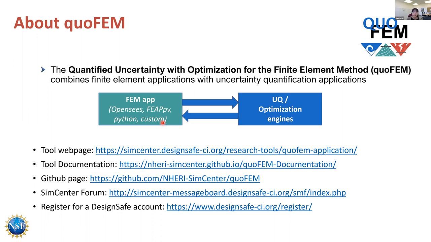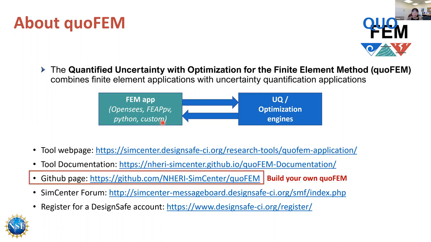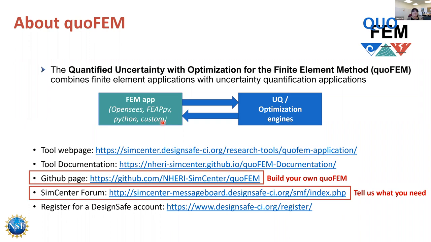We have a nice user interface which helps you to start the UQ analysis, but we are also an open source project, so we open all the source code online, so you can always modify the code. And we are also looking forward to communicating with you through the Sim Center forum.